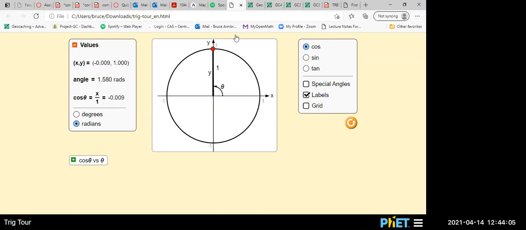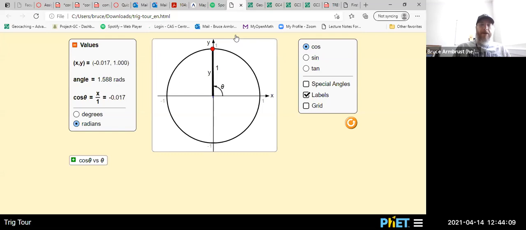It went from 1 down to 0, and I just cannot quite get it right exactly there. Close enough. Oh, there it is. Yay. Okay. So it went from 1 down to 0 because the x coordinates on these points, if you think about following that red dot, that red dot got closer to the y-axis. So it started at 1 and it got smaller, got to 0.